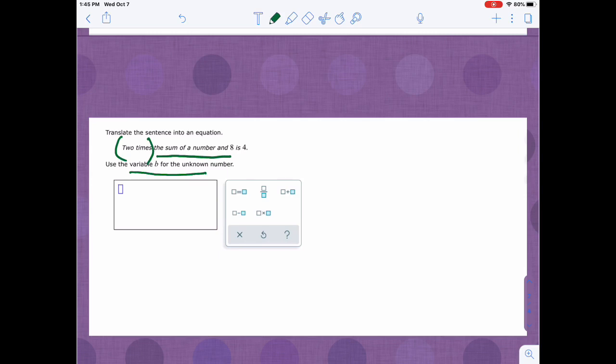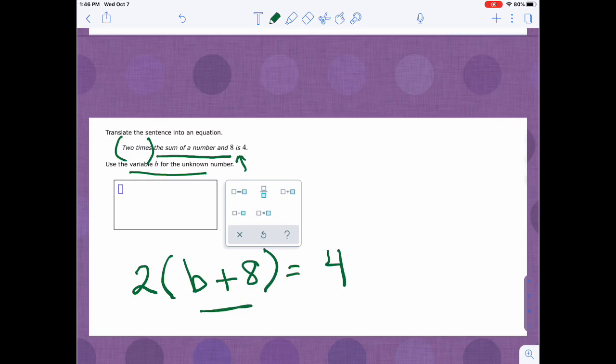So here's our number, sum, and 8. And we want to do 2 times that. And then here's that word is, equals 4. 2 times the sum of a number and 8 is 4.